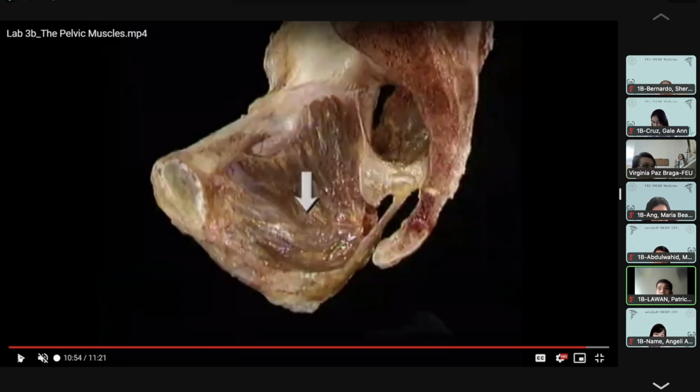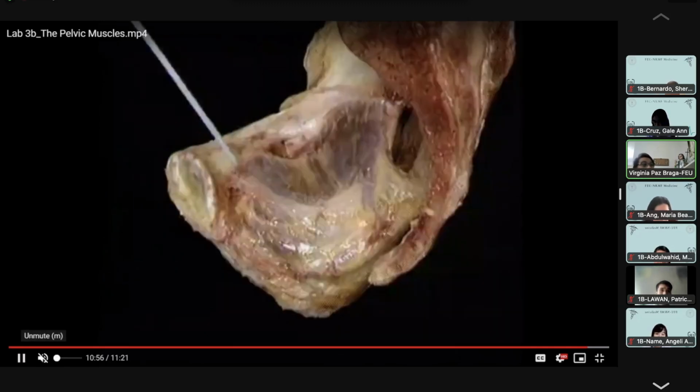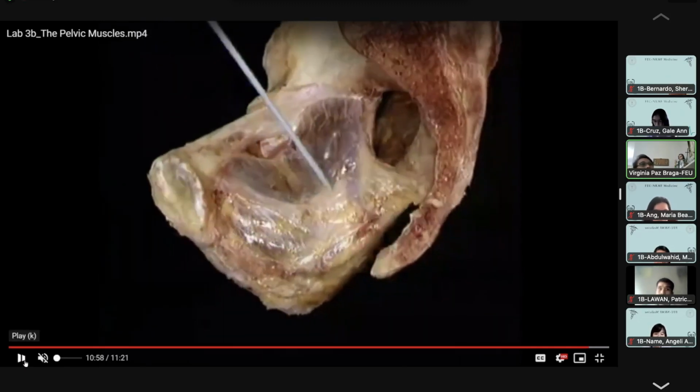Okay. Internus. Oh, what is this? What did Dr. Aklan point to? He pointed to a certain structure, not the white film that's overlying the muscle. Tendinous arch. Okay, very good, correct. What is the importance of the tendinous arch?